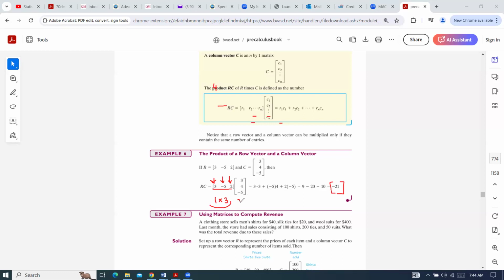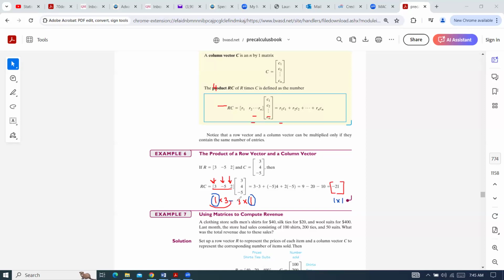Look at that. And only 1 column. So as a result of this multiplication, you're going to end up with a matrix of size 1 row and 1 column. So it's just 1 element here, minus 21.